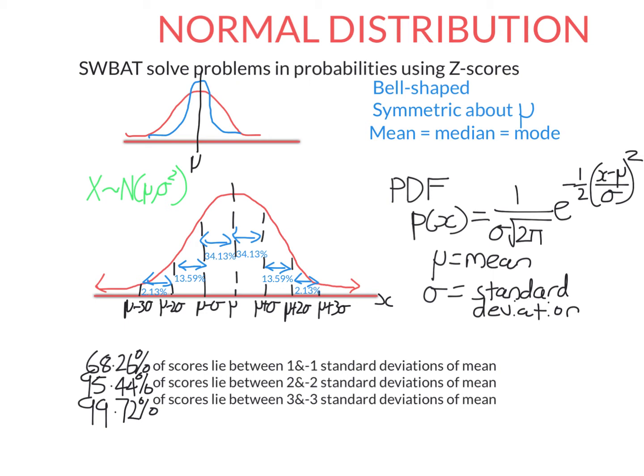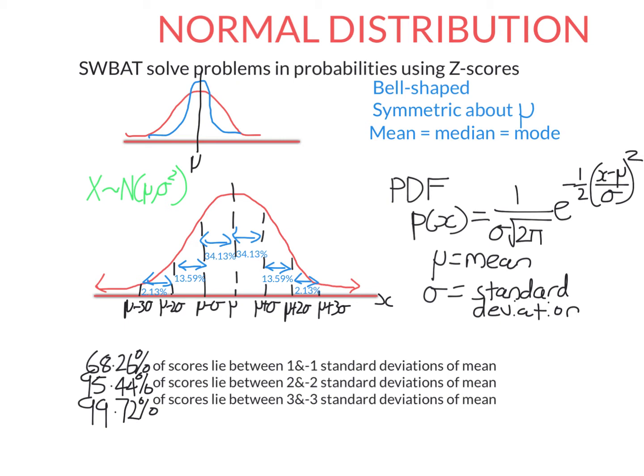So how is this going to help us with probability calculations? Well, what we're going to do with all of our probability calculations, we're going to get a score. We're going to find how many standard deviations it is above or below the mean, and then calculate the probability of being that many standard deviations from the mean.